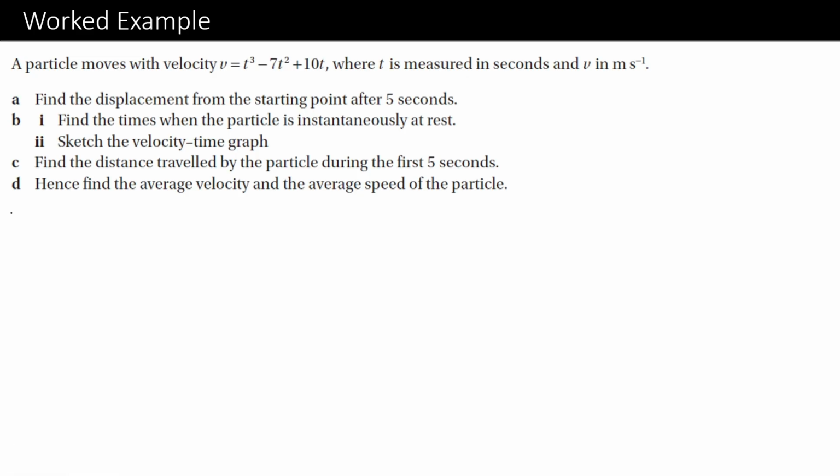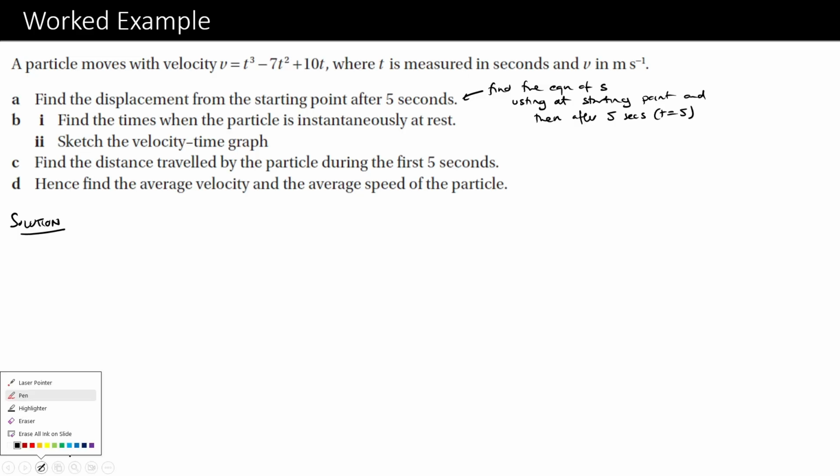So what this question is asking me to do is to find the equation of s, using a value of c at the starting point, and then find s after 5 seconds, in other words when t equals 5.